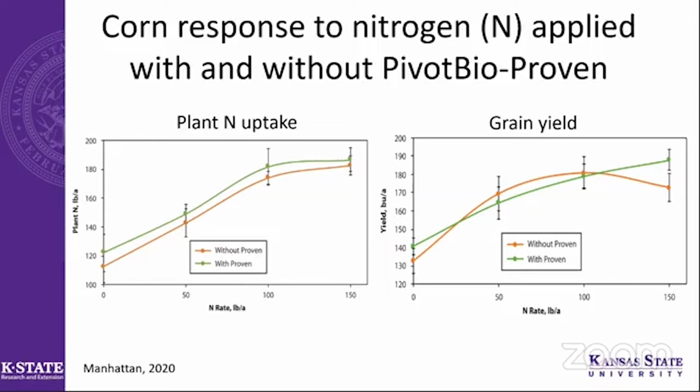But also, there are some products, and a few weeks ago I got this question, a product that is claiming that it's going to fix 80% of the nitrogen needs. That's a lot. I don't know if that's realistic, okay? That's my point. We have to be realistic in terms of what to expect. 80%, that's a lot of nitrogen.